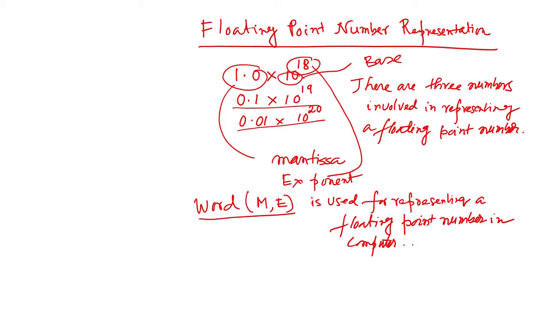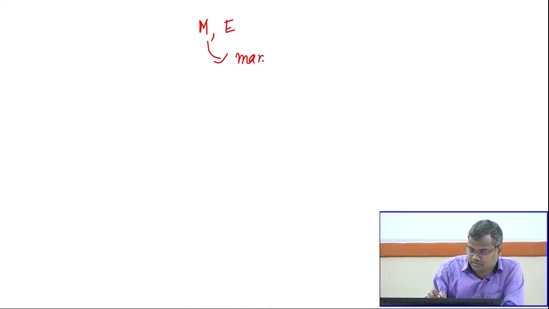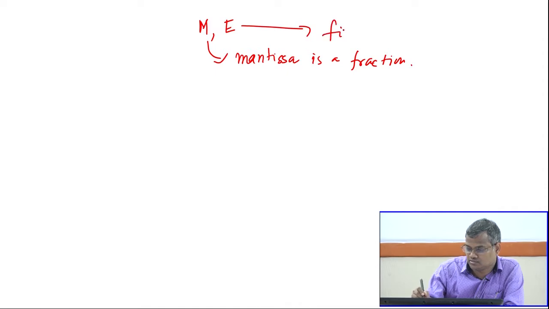As I said, we need to mention the mantissa, that is M, and the exponent. This M or mantissa is a fraction, and E is nothing but a fixed point number.